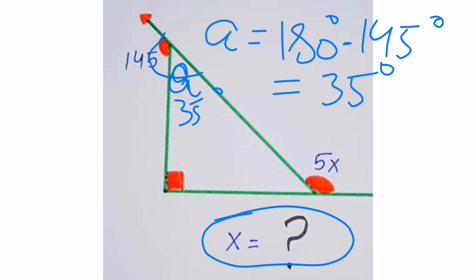Now we know that 5x is the exterior angle of a triangle, and 35 and 90 degrees are the opposite interior angles of the triangle. Also we know that the sum of opposite interior angles of a triangle must be equal to the opposite exterior angle.